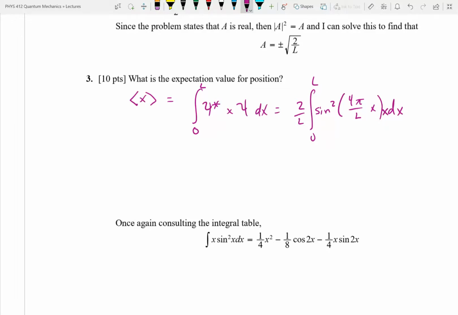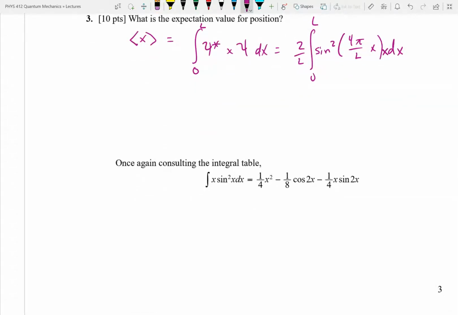That's what I just did. Okay, now adding the x makes it all the less fun. So here's the integral without limits. And from the integral table, it gives us this thingy-bob. And so cosine 2x going from 0 to L is going to be going from 0 to 4 pi for the angle.